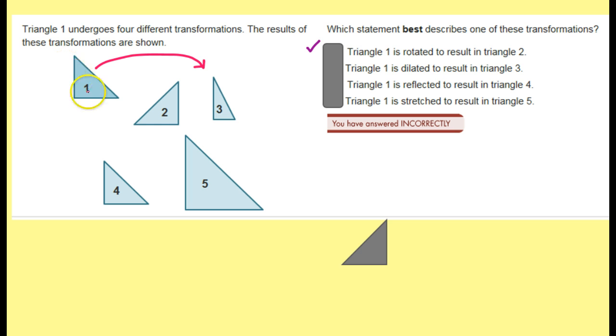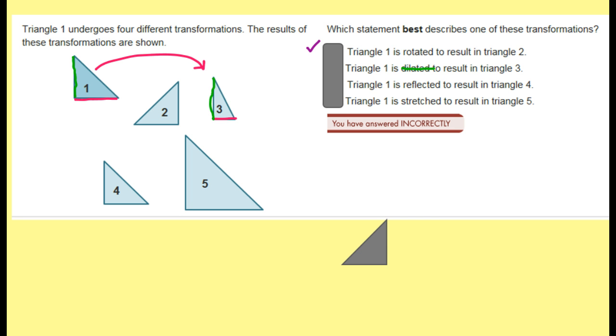But it looks like only this side got smaller. Meanwhile, this side, the green side, is still the same size. So that would not be a dilation. That would be an example of a stretch. If you have one length changing while the other length doesn't change, that would actually be a stretch.